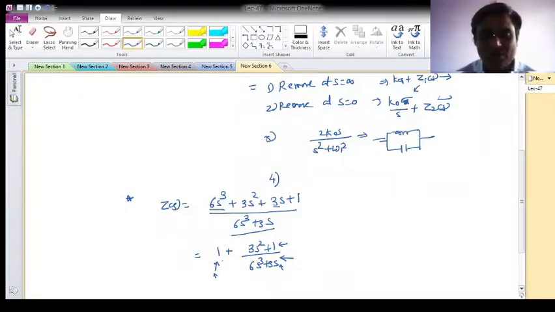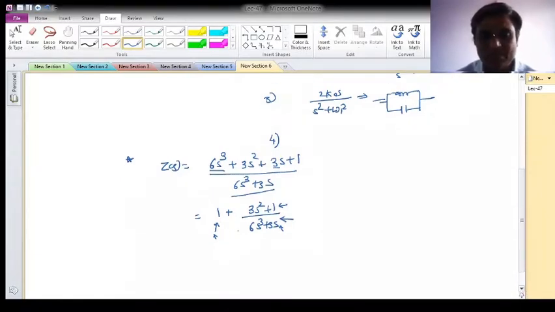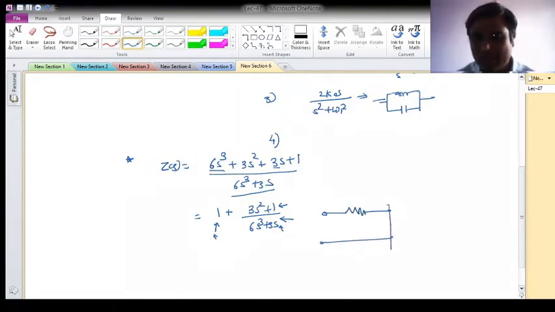So from that I can write Z of S equal to 1 plus (3s square plus 1) divided by (6s cube plus 3s). How will the realization be? It is simply 1, so what will the element be? The element will be a resistor, and then the remaining will be our Z4 of S, and the resistor will be 1 ohm.